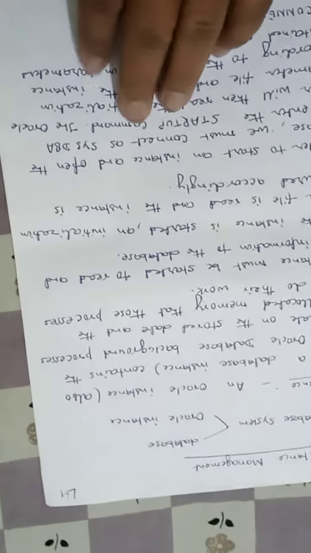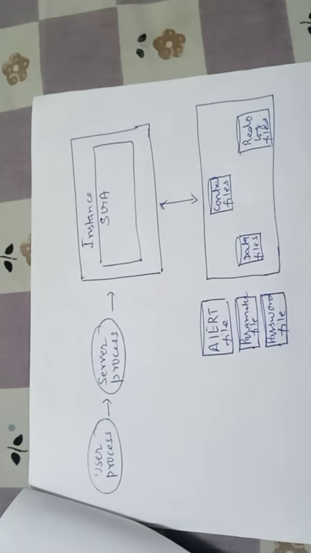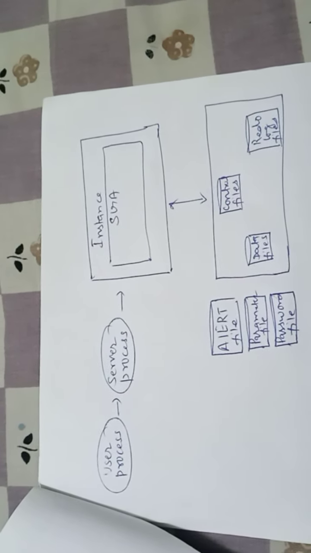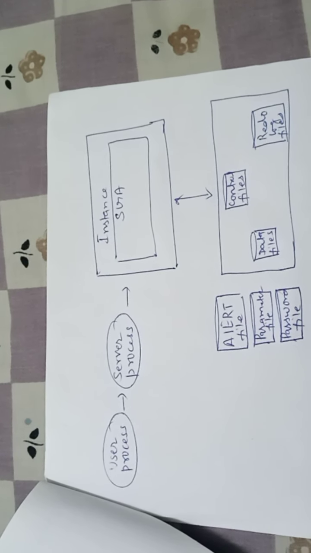The structure of the Oracle instance is this: the user process connects to the server process, and the server process connects to the SGA.